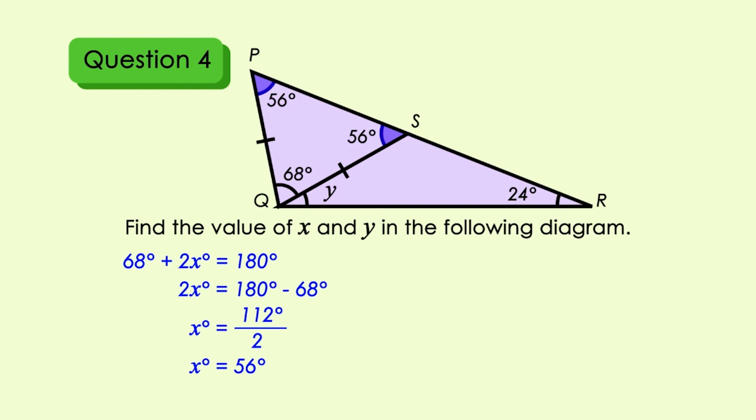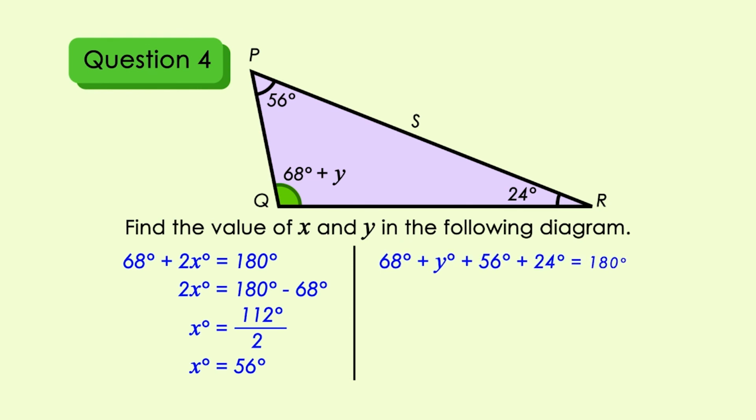Aha! I got it. Let's look at the bigger triangle. Notice the angle at point Q. It is 68 degrees plus y. Now, use the properties of sum of the interior angles to find the answer. 68 degrees plus y plus 56 plus 24 equals 180 degrees.